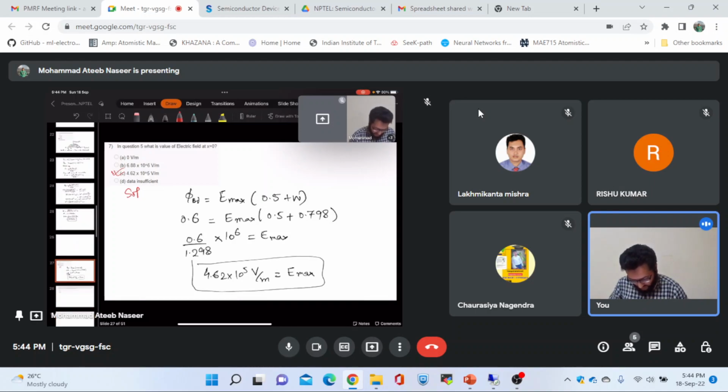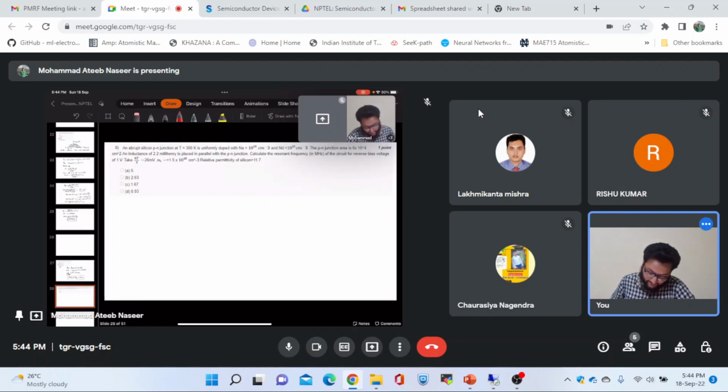Now let's move towards another problem. It states that we have been given a PN junction which is doped uniformly with an acceptor concentration of 10 to the power 18 and a donor concentration of 10 to the power 15 per centimeter cube, and the PN junction area is 6 into 10 raised to the power minus 4 centimeter square.